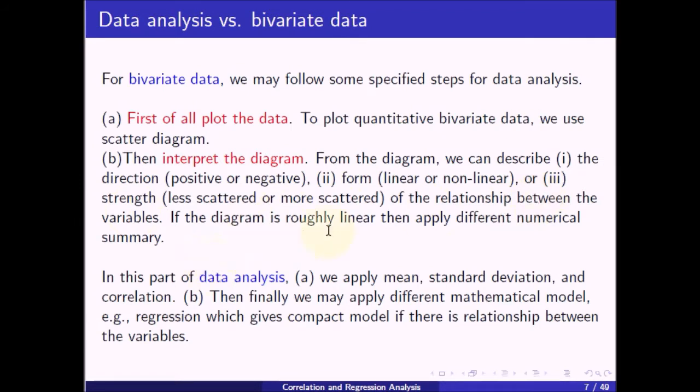If the diagram is roughly linear, then apply different numerical summaries. In this part of data analysis, we apply mean, standard deviation and correlation. Then finally, we may apply a mathematical model, for example regression, which gives a compact model if there is a relationship between the variables.